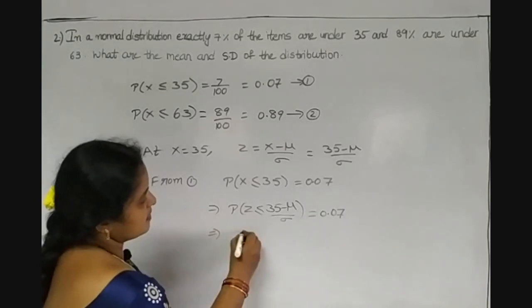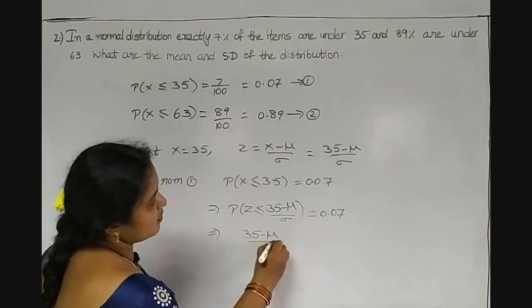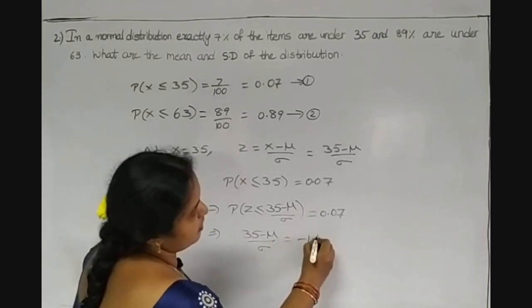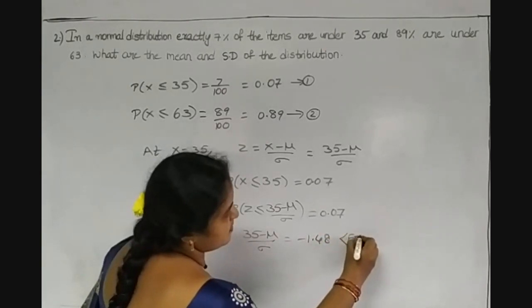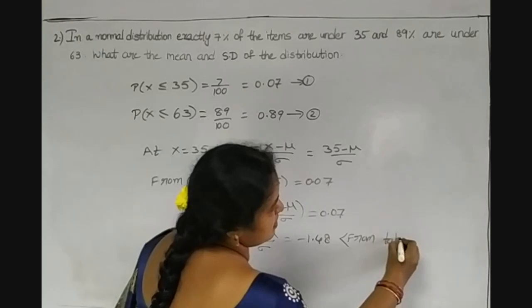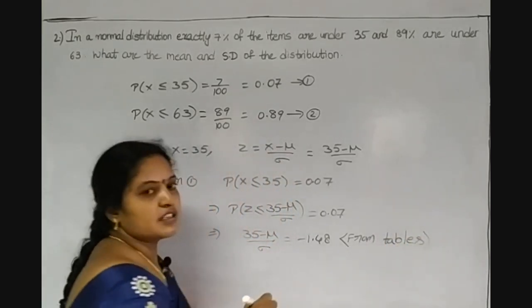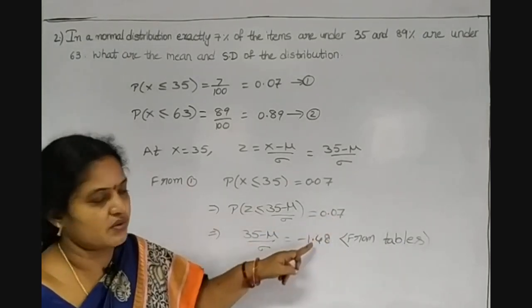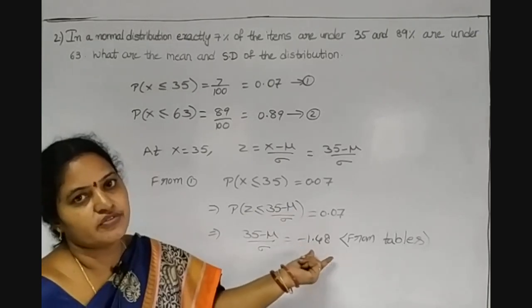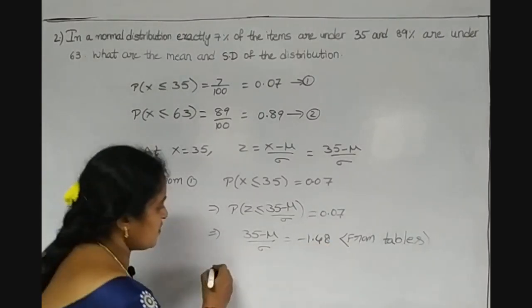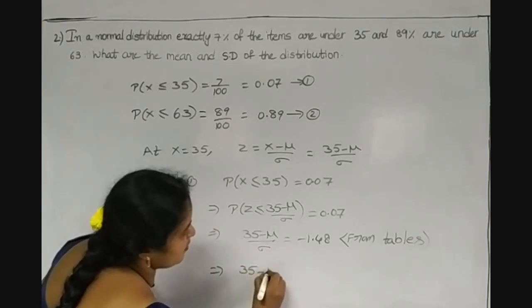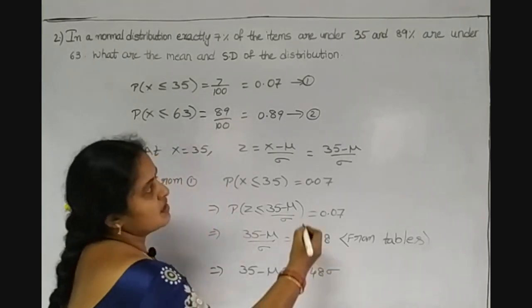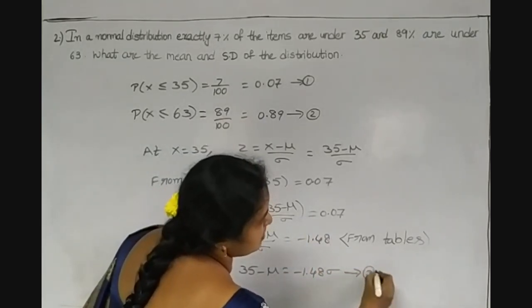Which implies that 35 minus mu divided by sigma equals minus 1.48. This is from table values. That means the area 0.070 coincides at minus 1.48. Therefore 35 minus mu equals minus 1.48 into sigma. This is to be taken as equation 3.